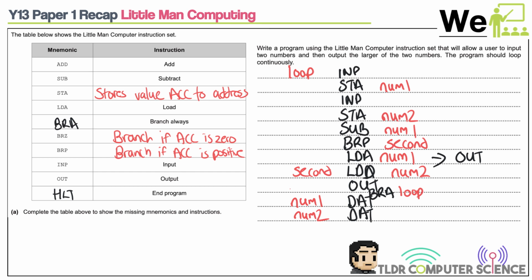Yeah, after this output, what do we need to do? BRA and then loop. Basically, here where I gave myself one space, I actually needed 3 lines, which is not super smart, but what can you do? Happy?